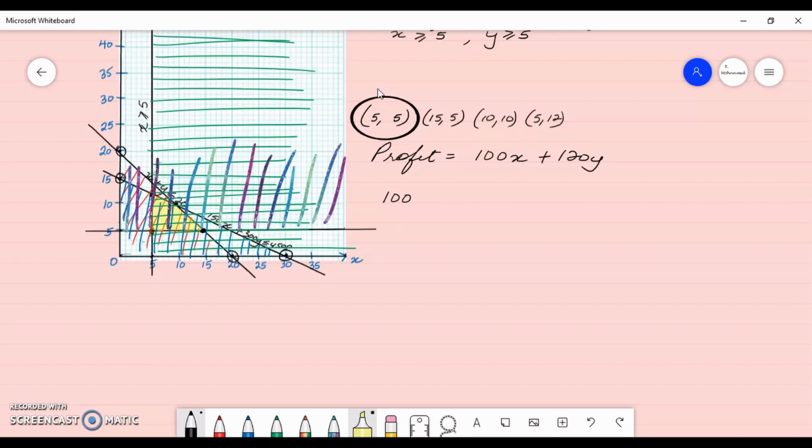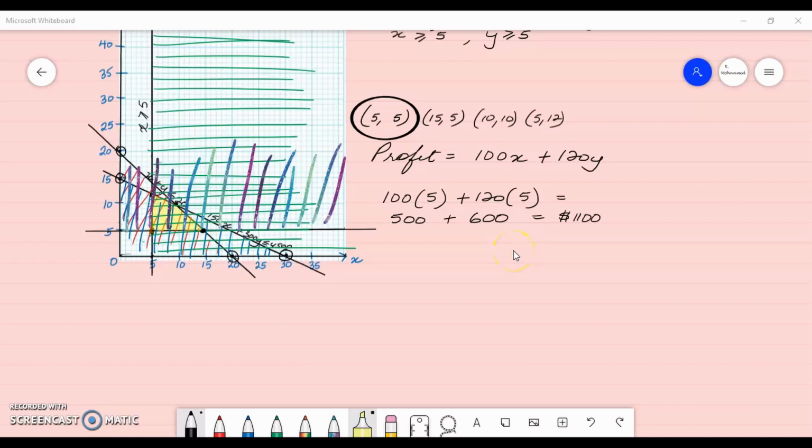So it's going to be 100 by 5 plus 120 by 5, and that is going to give us 500 plus 600, which is 1100. What this is simply telling us is that if he wants to make $1,100 profit, he's going to have to sell 5 radios and 5 television sets.